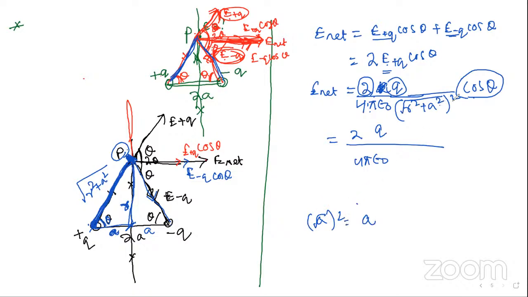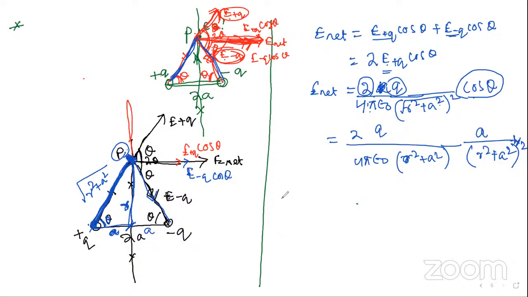So root over R square plus A square, whole square, will be R square plus A square only. And cos theta, as you told, is A by root over R square plus A square, I can write as power half. Yes or no? Root A means A to the power half, same, right? So I can write R square plus A square to the power half.